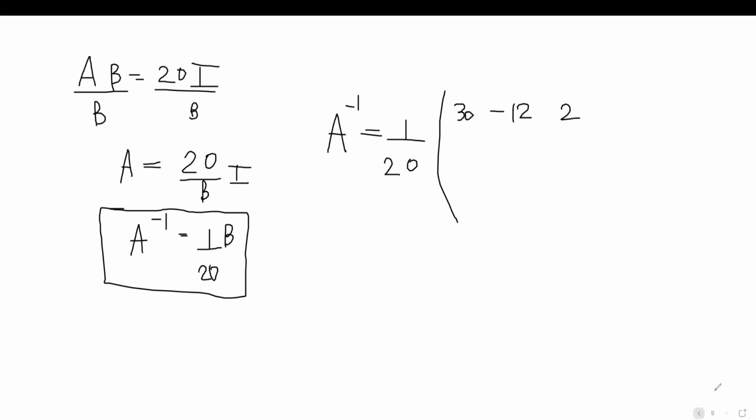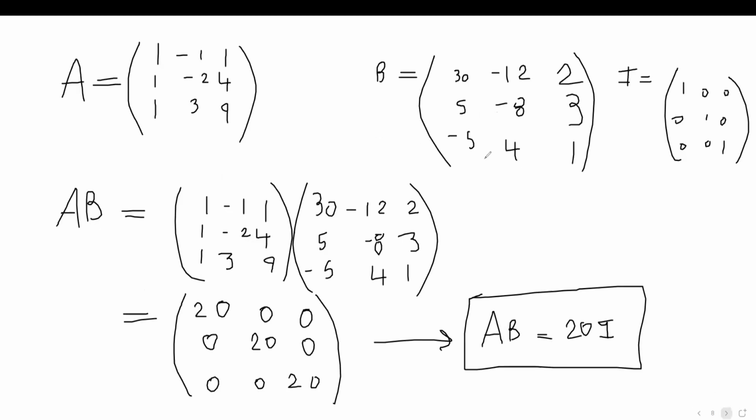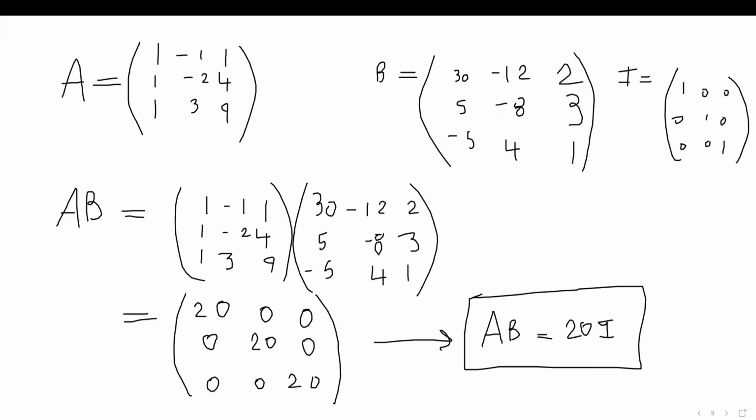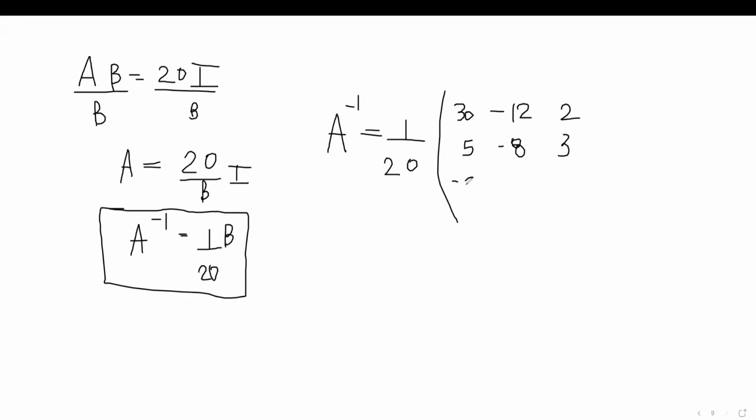And the next row is 5, minus 8, 3. Then the next row is minus 5, 4, and 1. So that is A inverse.